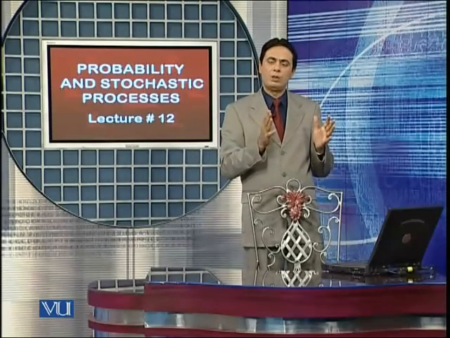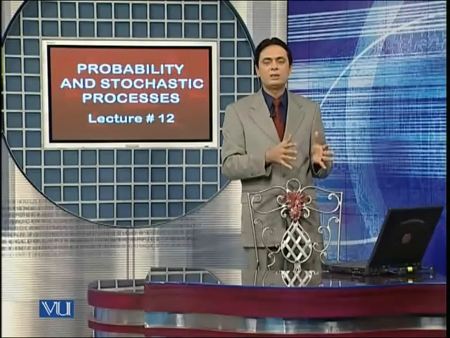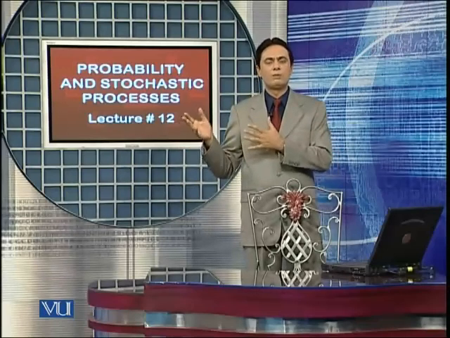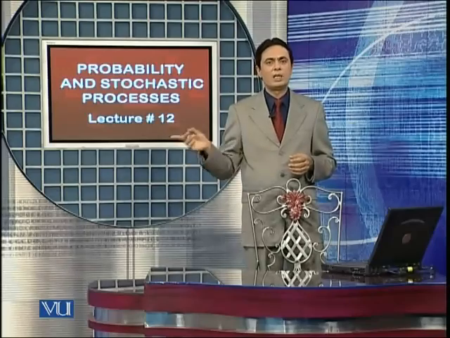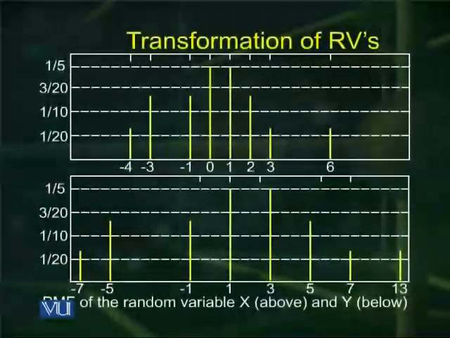You can fit all the values of x, get all possible values of y with the same probability values getting assigned to the values of random variable y. This is shown in your slide, and you can see that the probability mass function of y is very similar to the probability mass function of x. The former is just an expanded version of the latter.